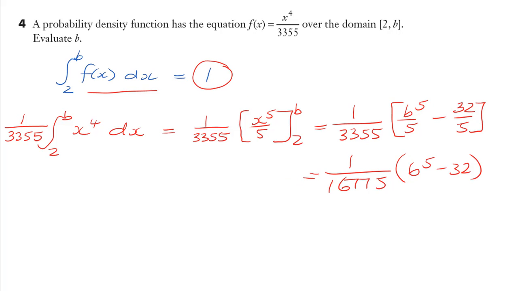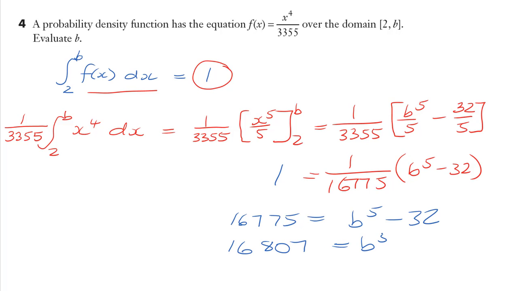And so if I change my pen here, if we let that equal 1, first thing you would do is multiply by 16,775. So 16,775 equals b to the 5 minus 32. Add the 32 to the other side, you end up with 16,807 equals b to the 5.